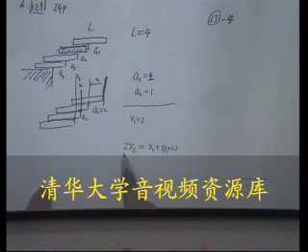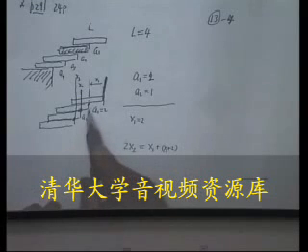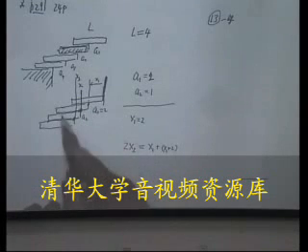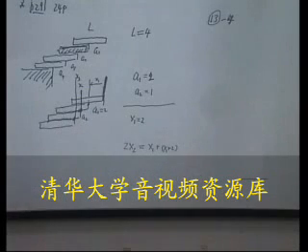So the sum of m times x of the center of mass is equal to m1x1 plus m2x2. All m's are equal to 1, so it's equal to x1, the position of the center of mass of the first block, plus x1 plus 2 for the second block, because you have moved by 2.